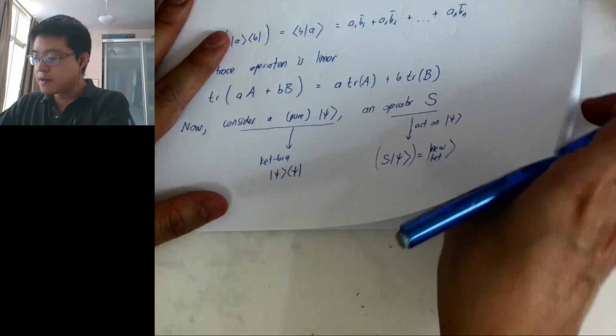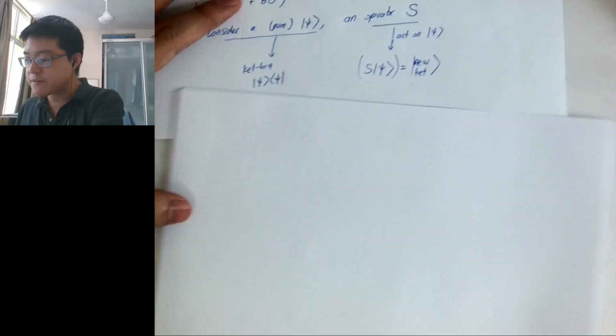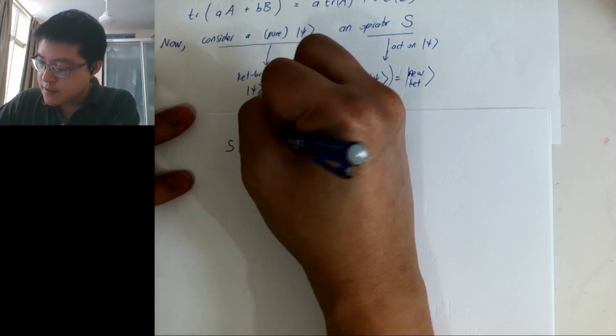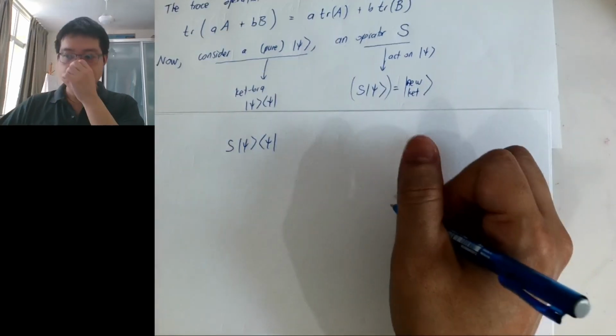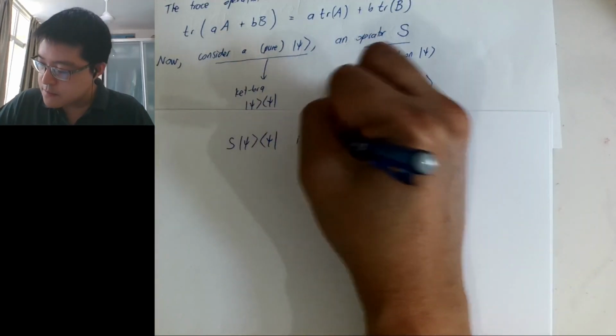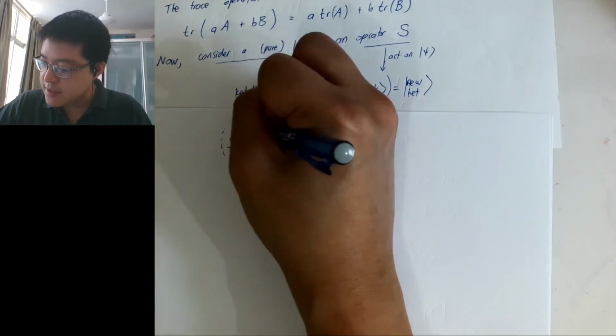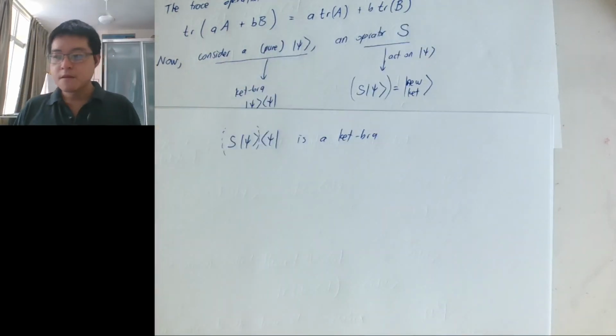So now we do the ket bra of this. S psi ket, bra psi, is a ket bra, because I was convincing you that this is just one ket, so I can join it with another bra to give me an operator, which is called the ket bra.